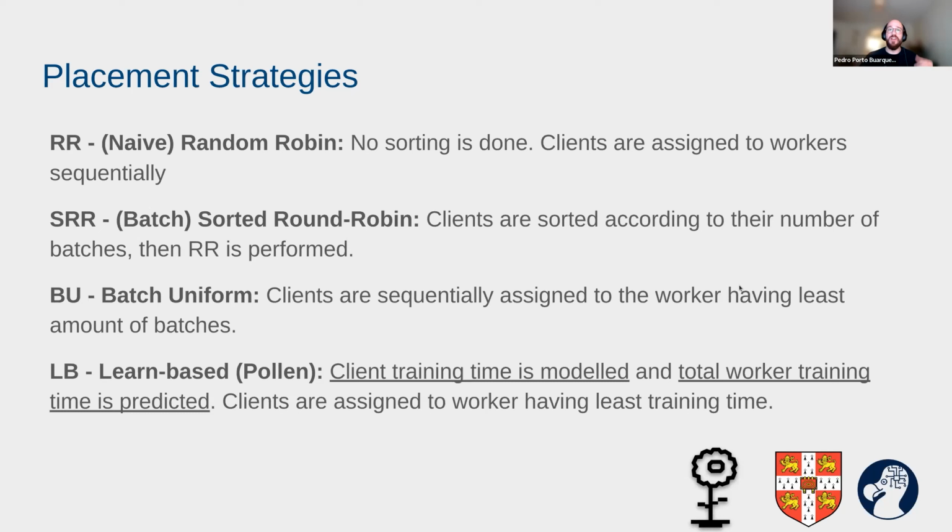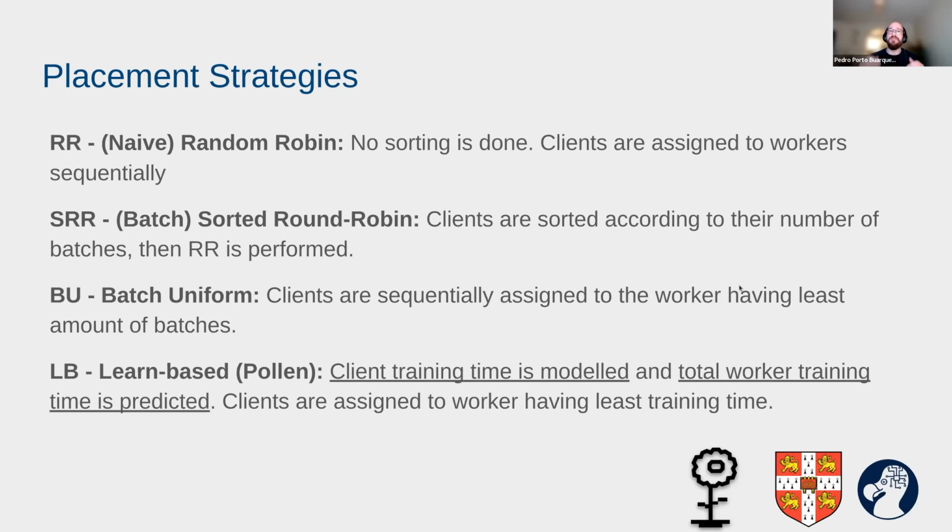So the first 2 clients with the largest data sets will be close together, and they will be sent to different pieces of hardware, different GPUs, so that you're already trying to balance the training based on the data set. Then you have this batch uniform, where clients are sequentially assigned to the worker having the least amount of batches.